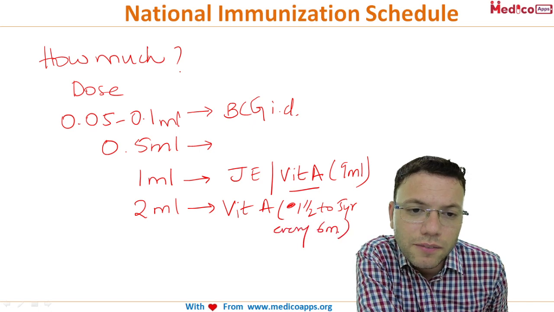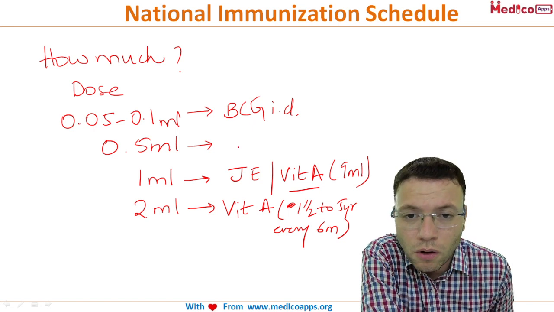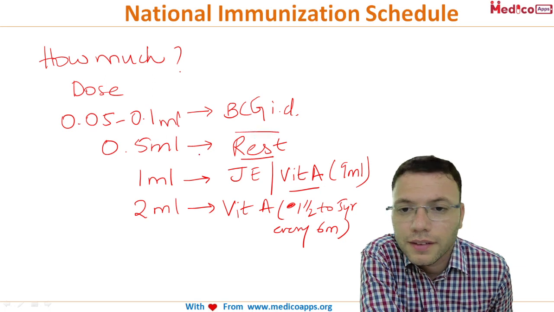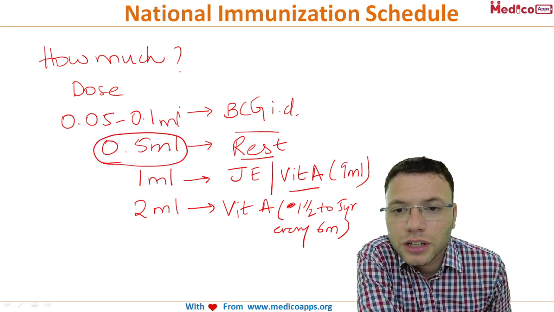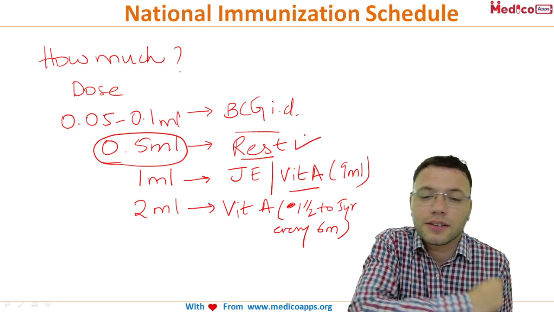These are the doses that are given. The remaining all will be 0.5 ml, which is the most common. Remember which are the smaller ones, then you will know the rest.